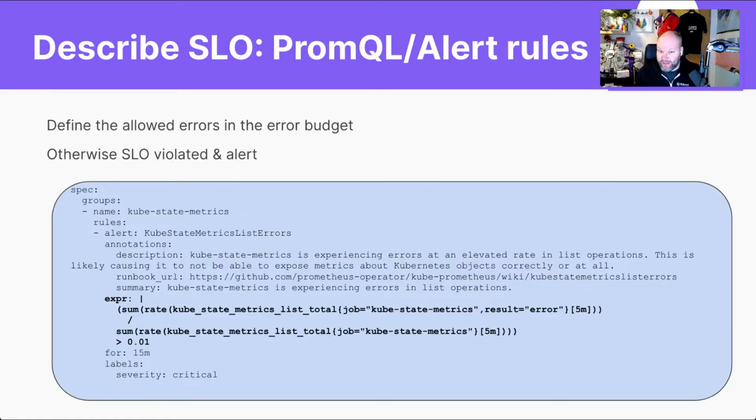When we have the metrics, we need to do something with them. Using PromQL for alert rules, which trigger the SLO, is one way to do it. So you're defining the allowed errors in the error budget and defining when the SLO is violated and to alert. And this is basically how we can adopt SLOs.